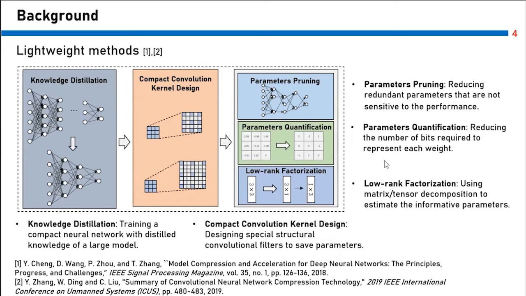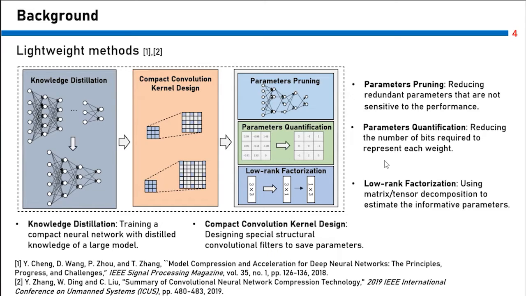Knowledge distillation is to train a compact neural network with distilled knowledge of a large model. Compact convolution kernel design is to design spatial structural convolutional features to reduce parameters.